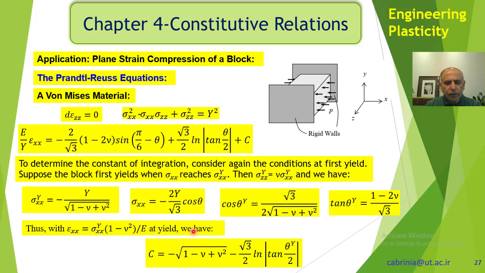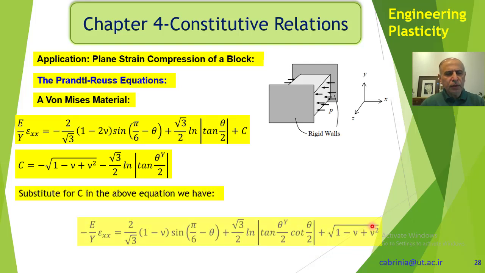It's a yield we have. So if we put this value in here, then everything is known, and I can get C, and C is equal to this. Okay, so you can see here that I have used the boundary conditions on the elastic plastic yield point and obtained the constant of integration.